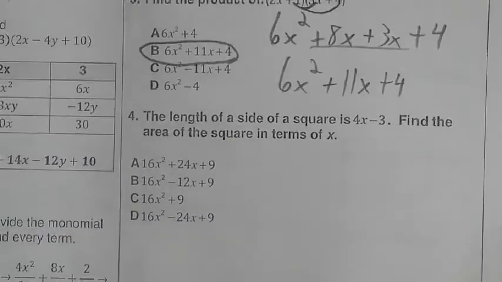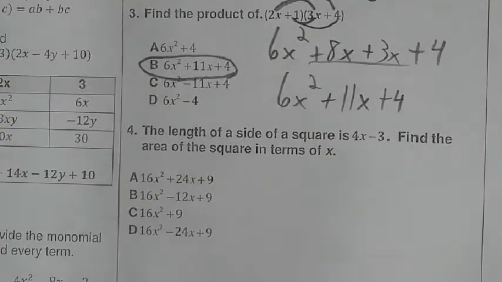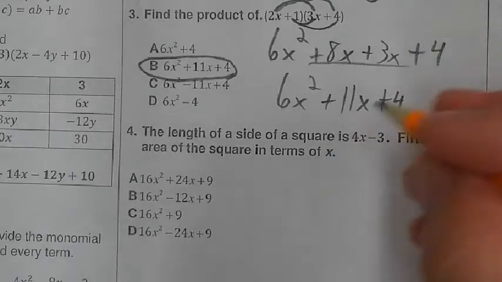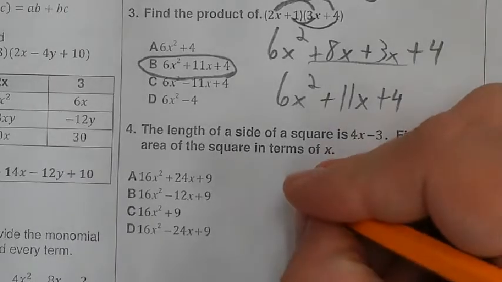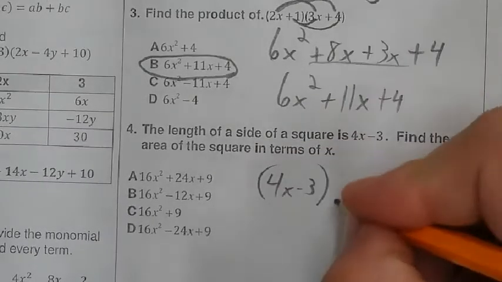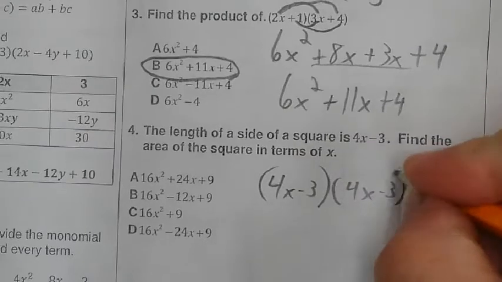All right, number 4. The length of a side of a square is 4x minus 3. Find the area of the square in terms of x. Well, in a square, we know all sides are what? All sides are the same. So what you could do is 4x minus 3 times 4x minus 3.